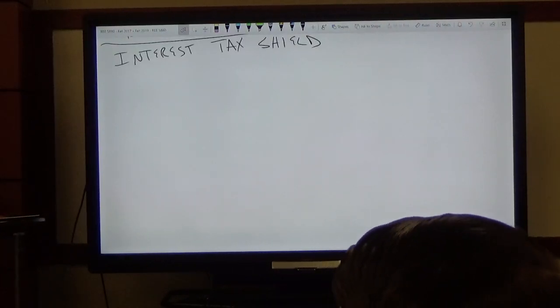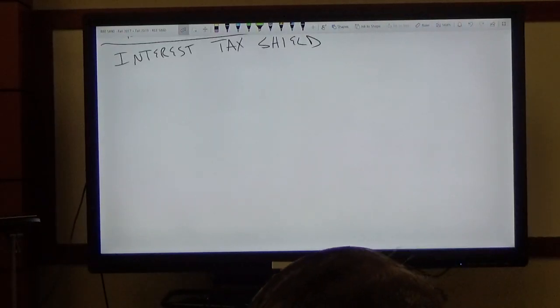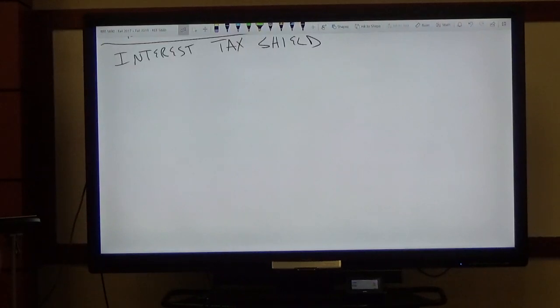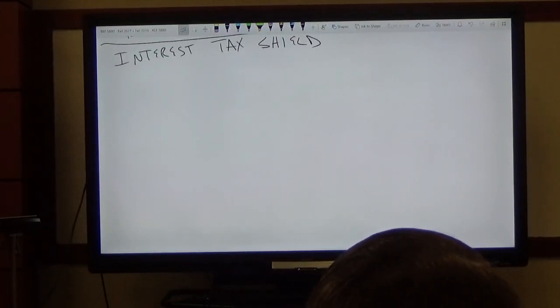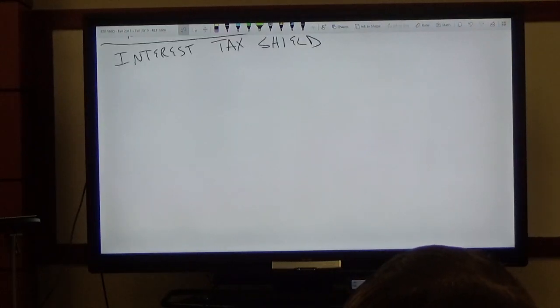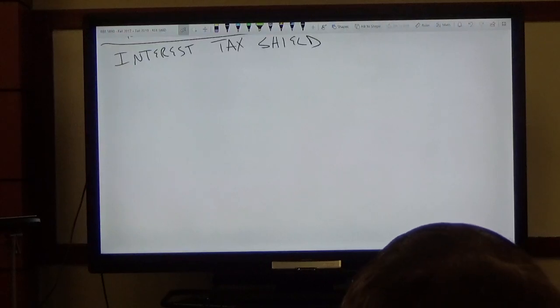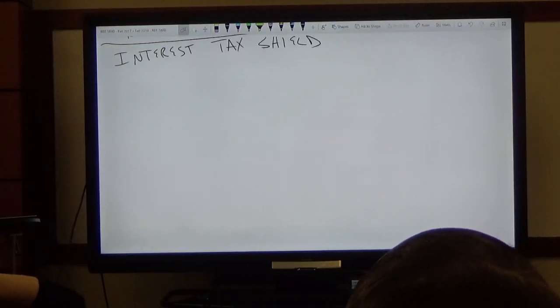All right. So the first thing for today, interest tax shield. This is something we're really going to go into much more depth into in the investments course, because this is really an issue for investors.